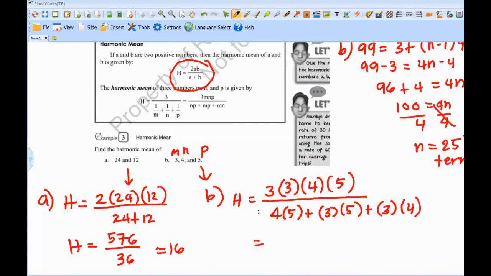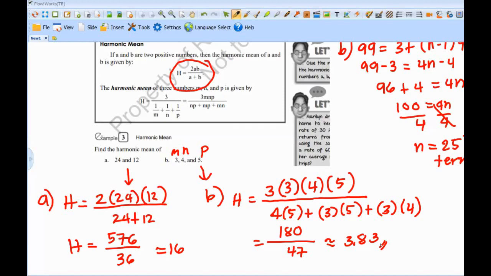So 3 times 3 times 4 times 5 is 180, divided by 20 plus 15 plus 12. So 47. So 180 divided by 47 equals 3.83.